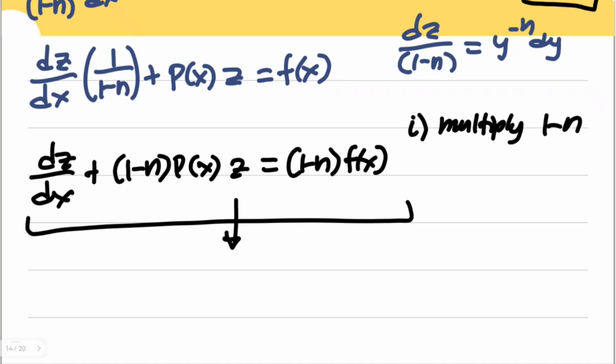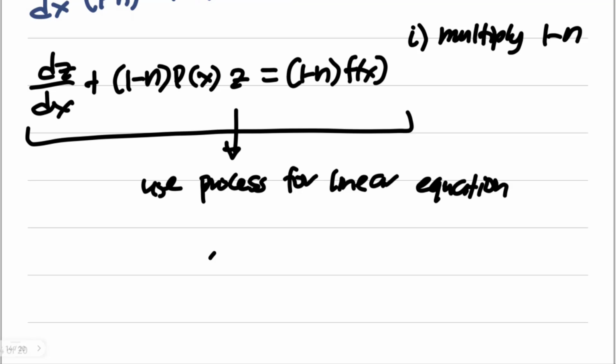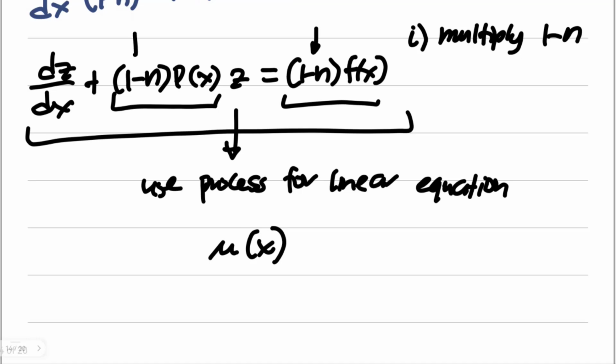So from this point onwards, you're going to use the process for linear equation, where we need to use the integrating factor, but this will be your entire p of x, whatever that value is, and this will be your entire f of x, depending on what would be our n, because our coefficients will be affected regardless of what that n is.